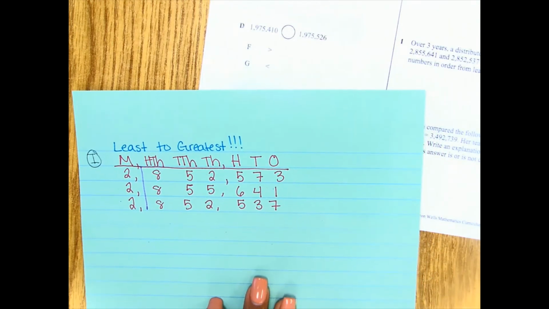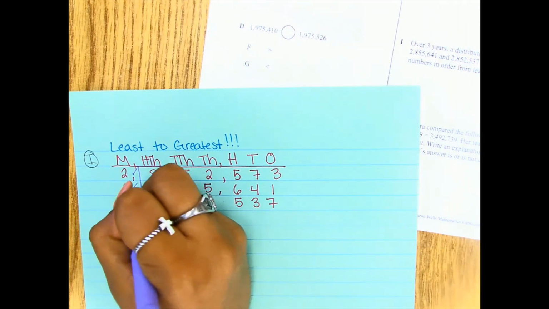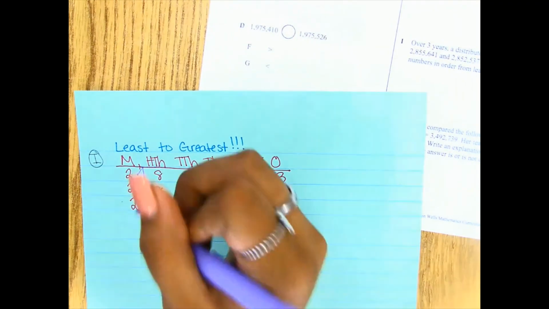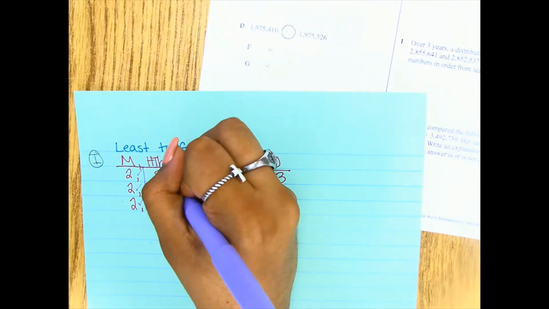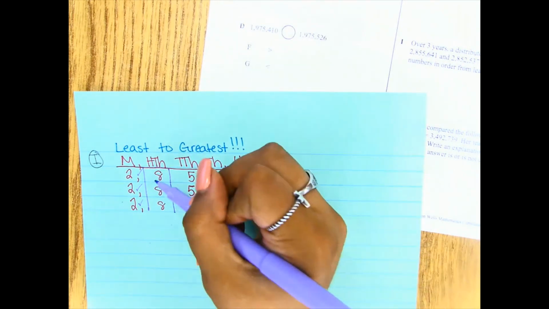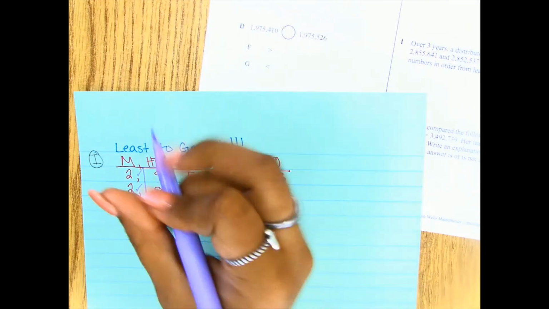Are they all equal? Yes. So these are all equal. Does this help me distinguish which one is the greatest and which one is the least? No. So I have to go to my next highest place value, which is my 100,000, sorry. So I have 8, 8, and 8. Are these equal? Yes. Does this help me distinguish?